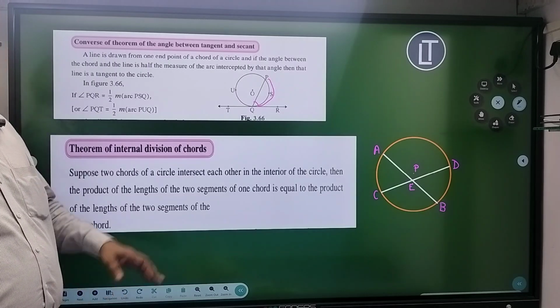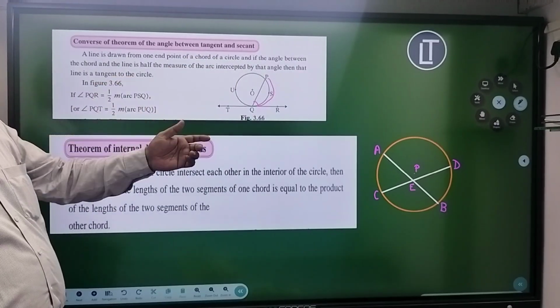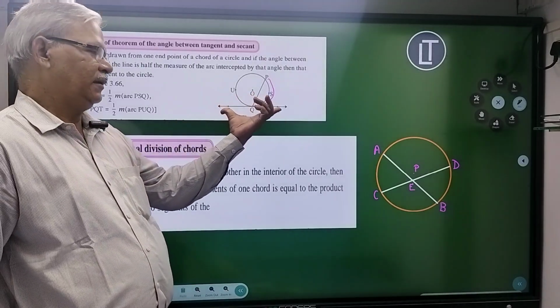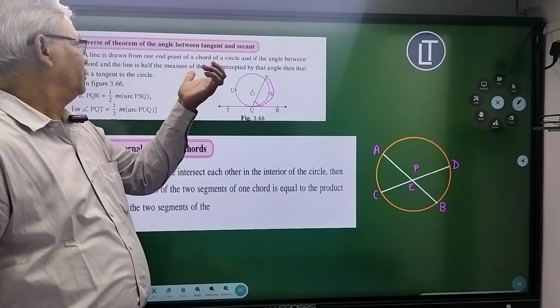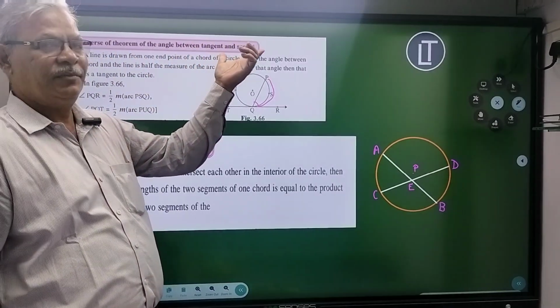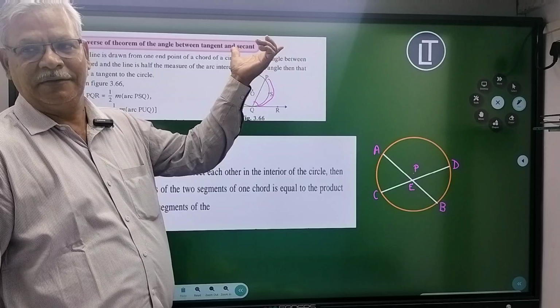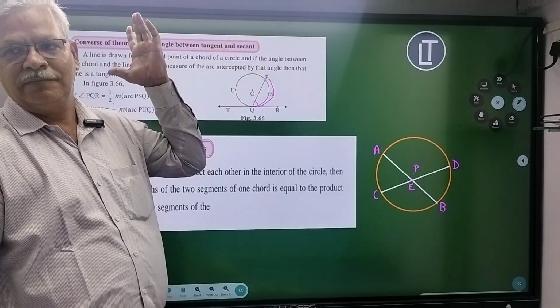Okay? It means you can use this theorem to show that this line is a tangent. That is from the converse of the theorem of the angle between tangent and secant, which means the converse of the tangent secant theorem.